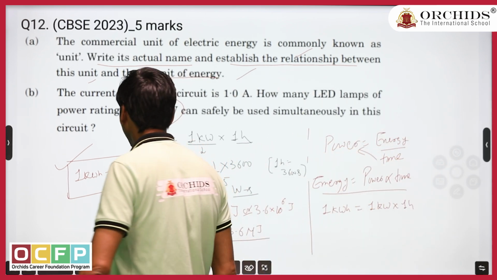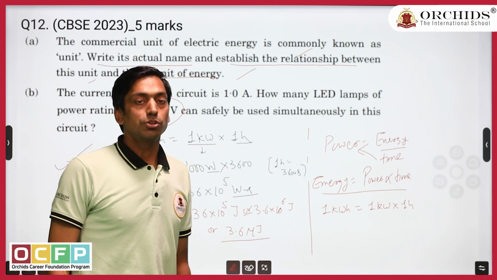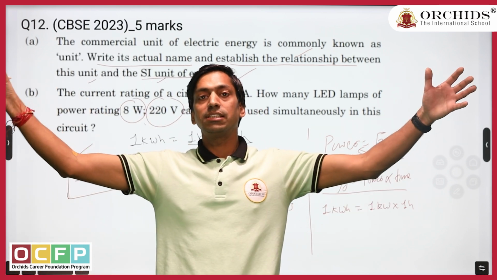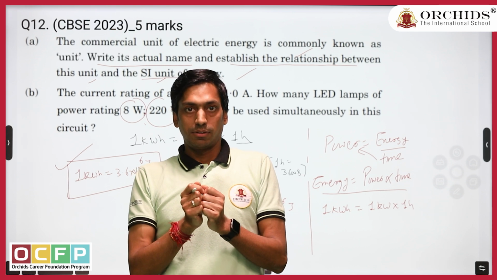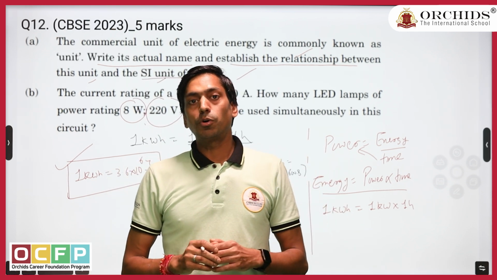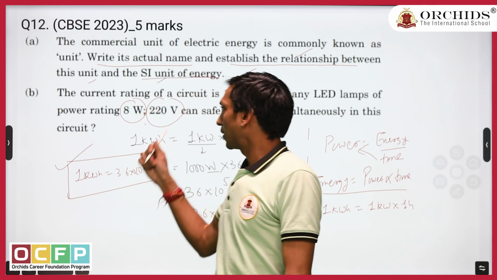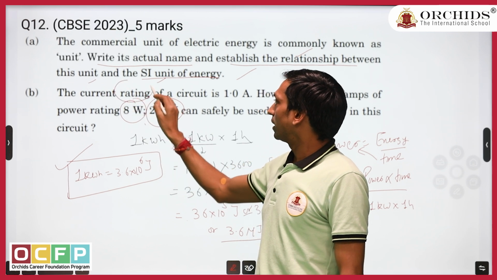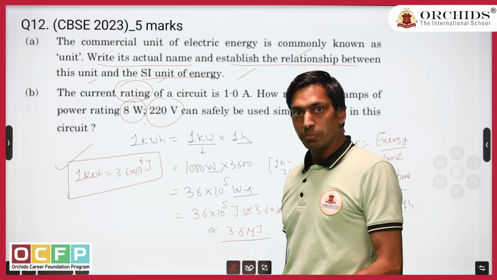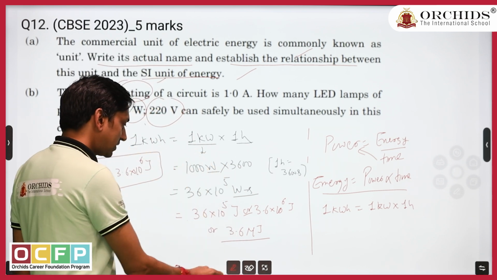When we connect these LEDs, they draw current from the main source. If this current exceeds 1 ampere, the circuit may break down, because that is not the safe limit. So the current flowing through the circuit should remain 1 ampere and should not exceed that value.